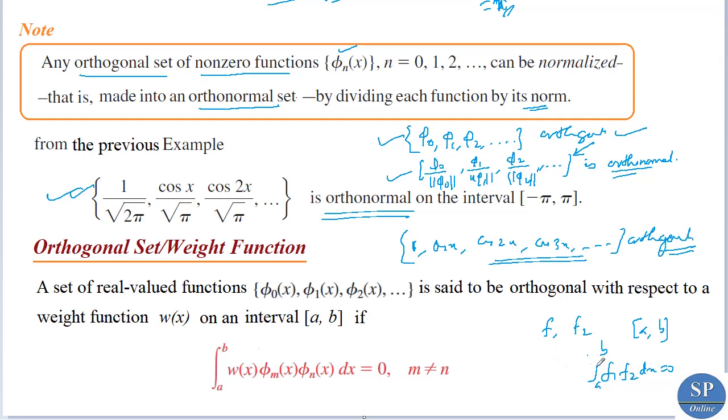Now we can say that these two functions are orthogonal with respect to a weight function w if their inner product with respect to w, that is the integral of w f1 f2 dx, is equal to 0. That is, the set phi naught, phi 1, phi 2, etc. is said to be orthogonal with respect to a weight function W on an interval a b if the integral from a to b of W of x into phi m x into phi n x dx is equal to 0 for m not equal to n.